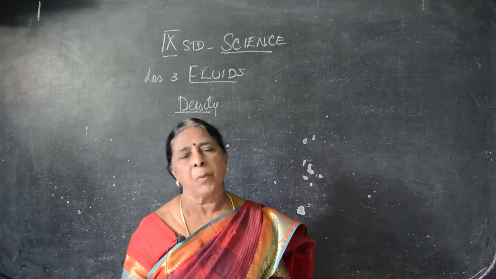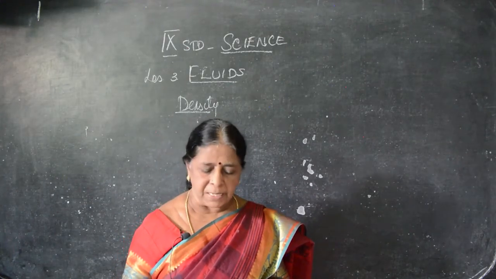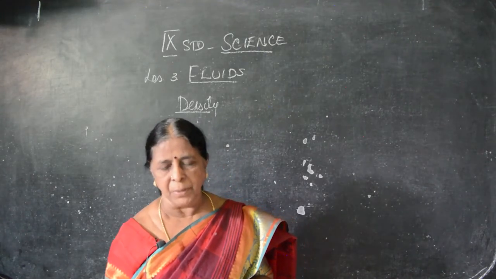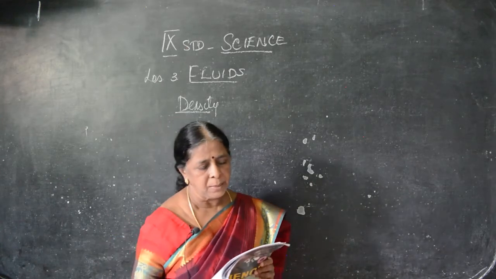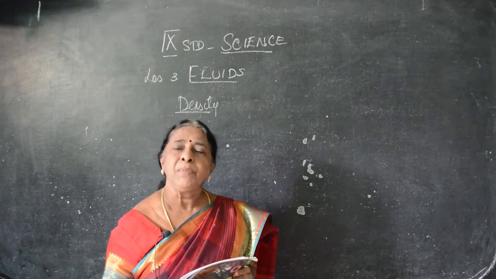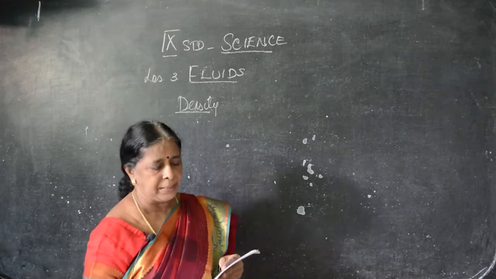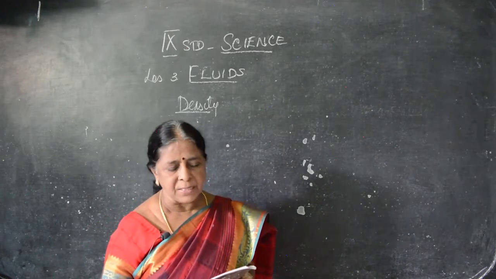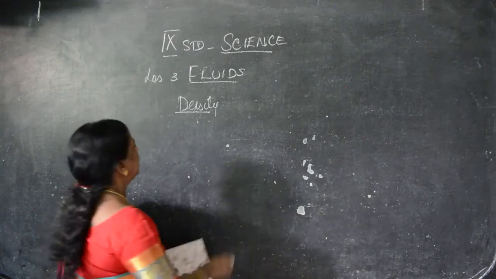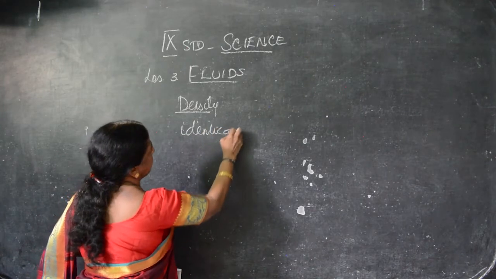You take round bottom flasks. Take two identical flasks and fill one flask with water and the other flask with kerosene. Why are we taking identical flasks? There should be no difference in volume, because we are finding density now. First we make sure the flasks are identical.